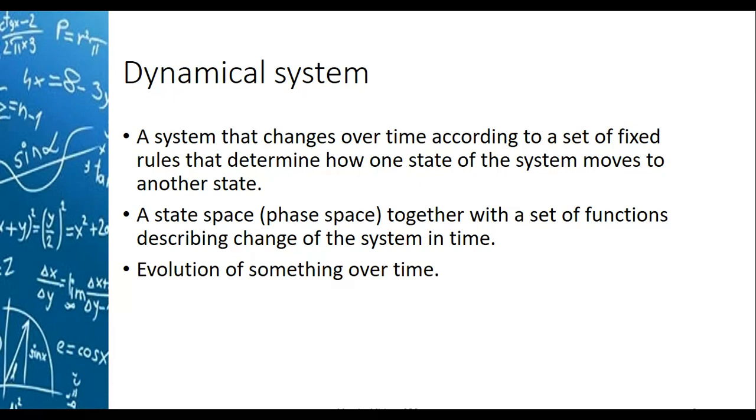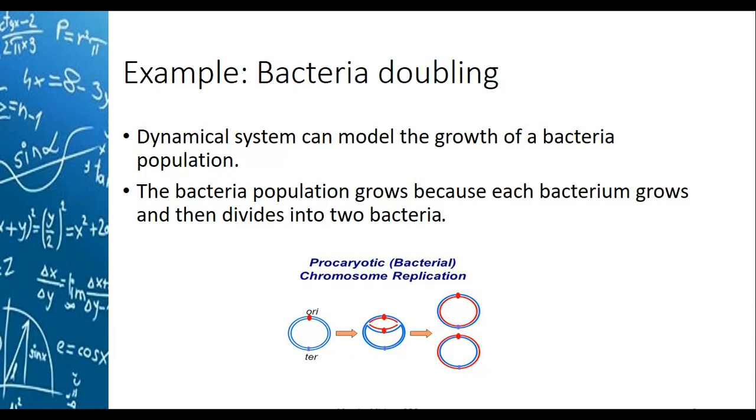All right, so more or less you can imagine the dynamical system as the evolution of a system, which you can see over time. The simplest example is a bacteria. Because you know bacteria double in size, they double in species, right?